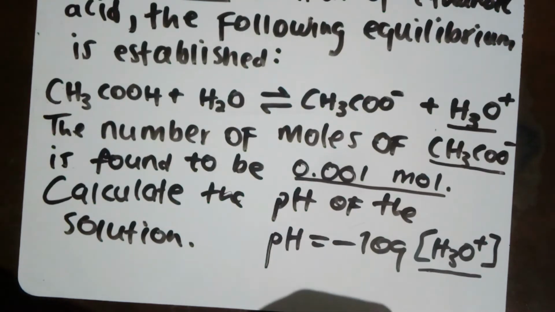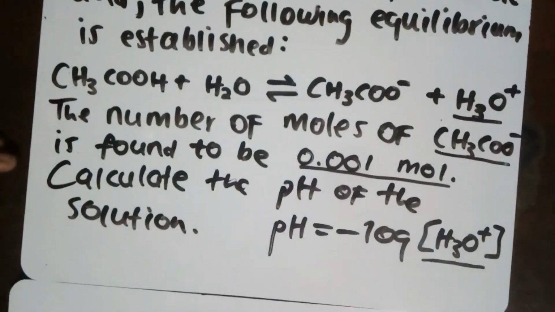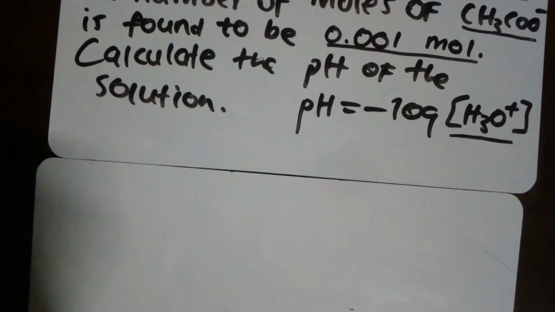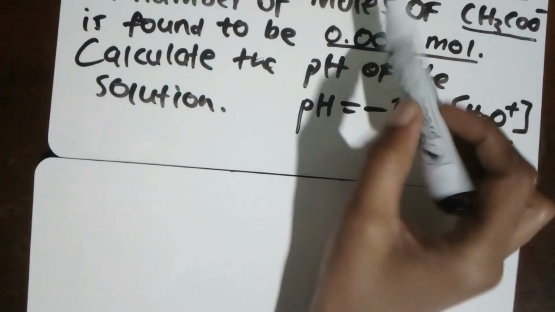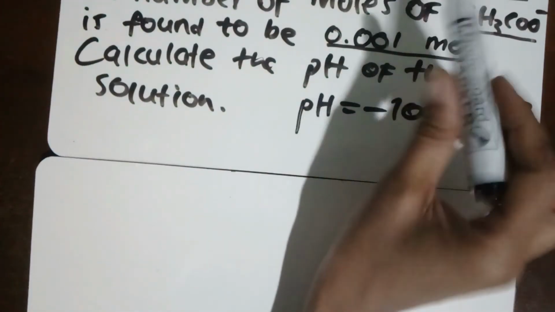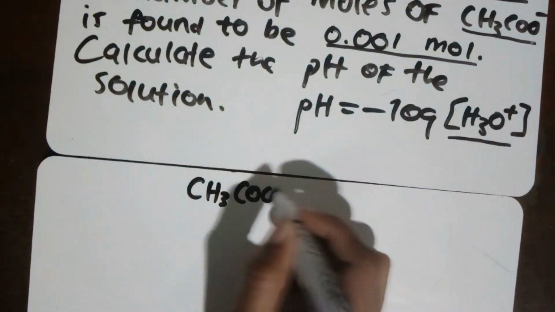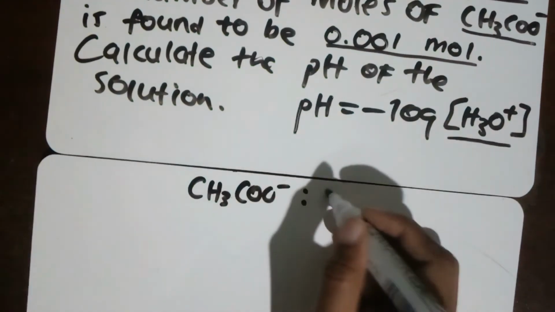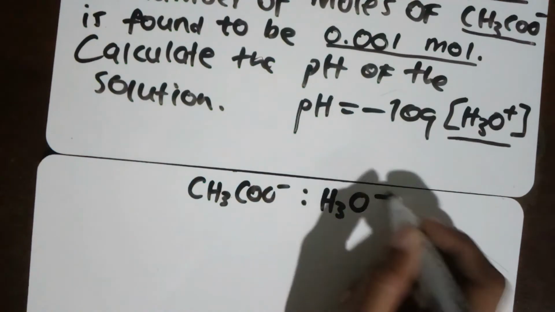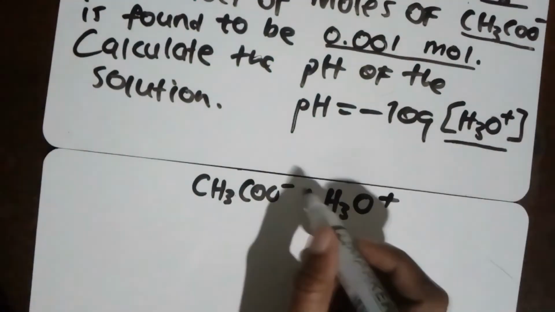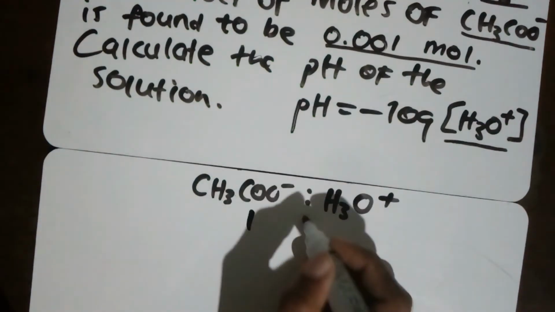So how do we do that? This is where we're going to use our knowledge of stoichiometry a little bit. We know the number of moles of CH3COO minus, and now we're looking at the ratio of this to H3O plus, right? Cool. We find that the ratio is actually 1:1.